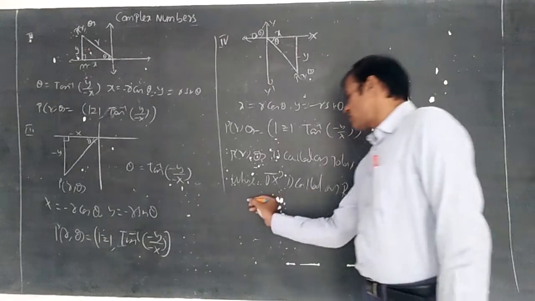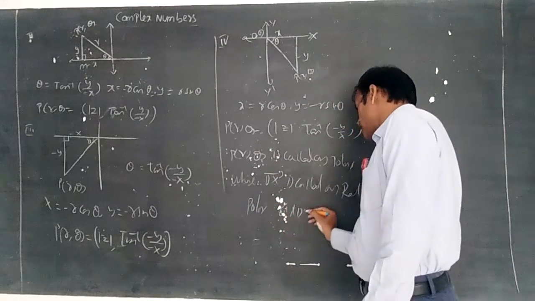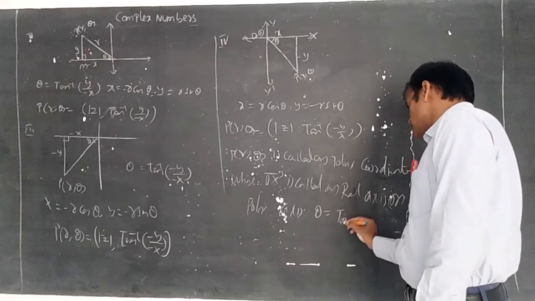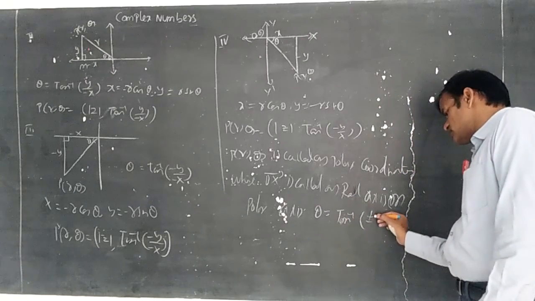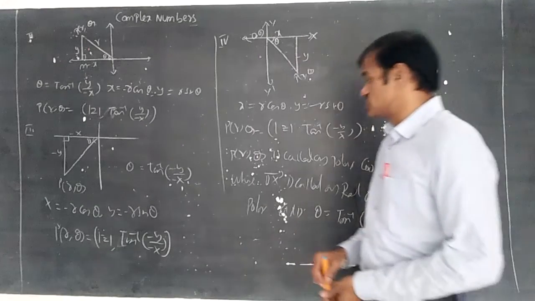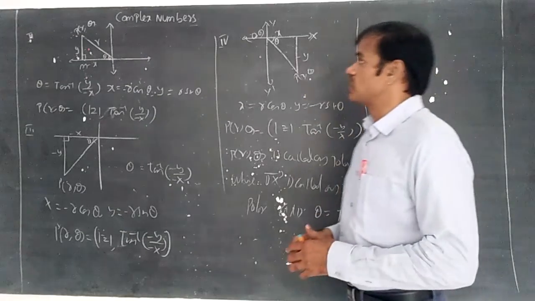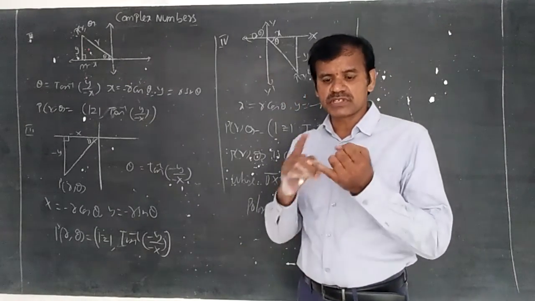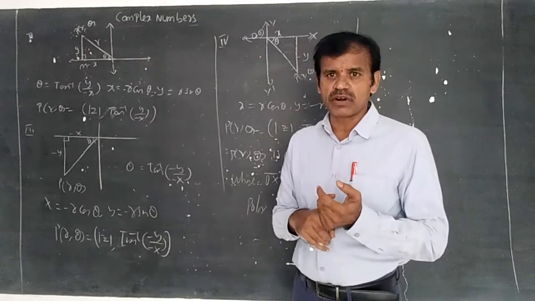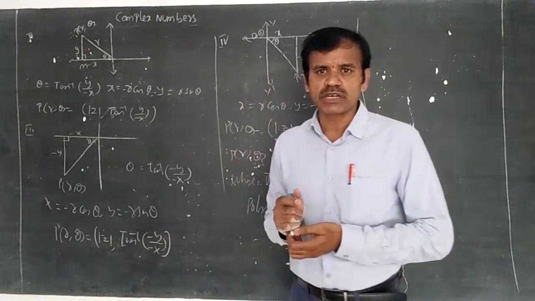Real axis or polar axis. Theta is equal to tan inverse of plus or minus y by x, maybe plus or maybe minus. Here you can observe that P(r, theta) we are indicating in the first quadrant, second quadrant, third quadrant, fourth quadrant also. For so many rotations you can apply P(r, theta).